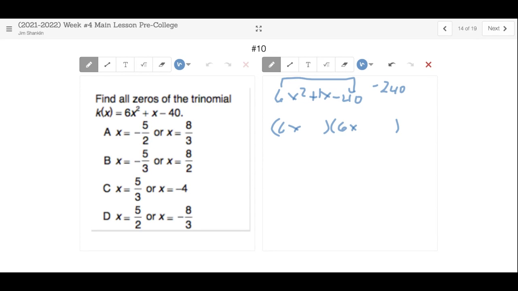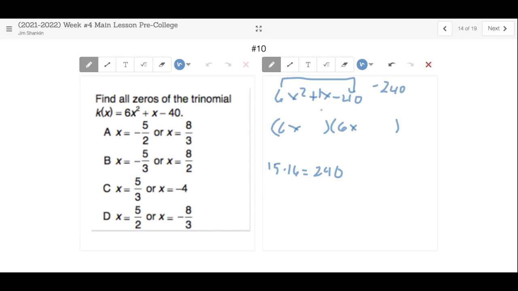I'm just going to try some numbers. Okay, 15 and 16. 15 times 16 is equal to 240.